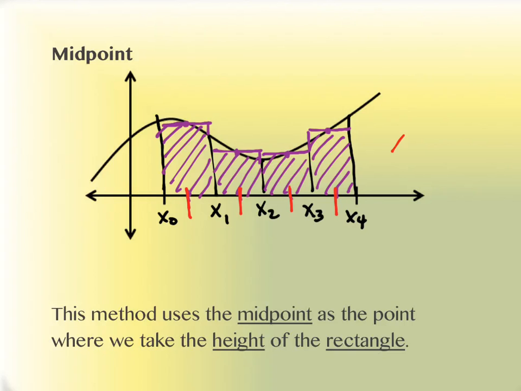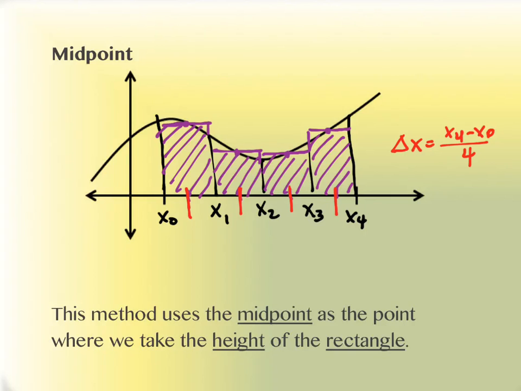But notice the width of the rectangles is still delta x, which is x4 minus x0, over 4. I said it wrong at first. So it's still the same width of the rectangles. I don't have 8 rectangles here. I still have 4 rectangles. They're just being determined by the point in the middle instead of the point on either end.